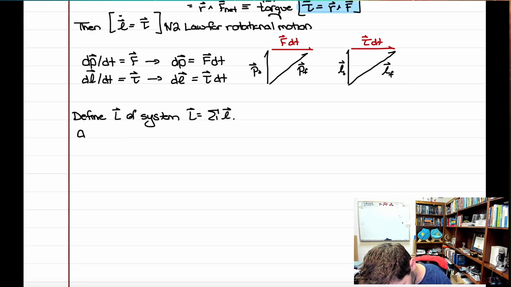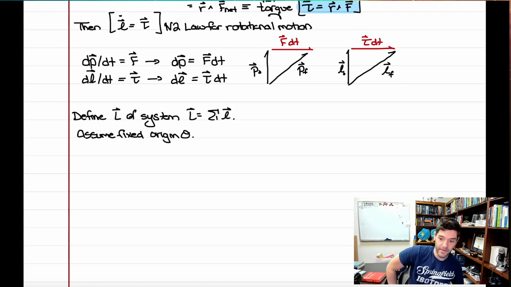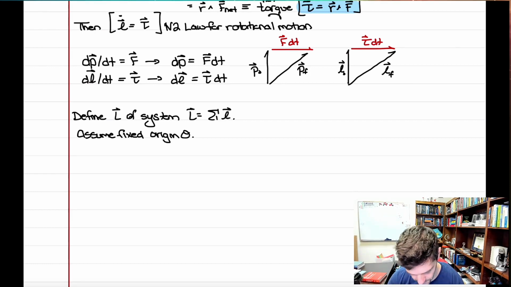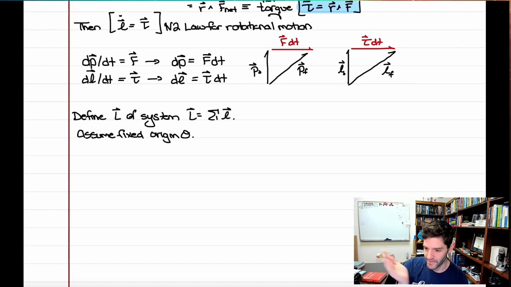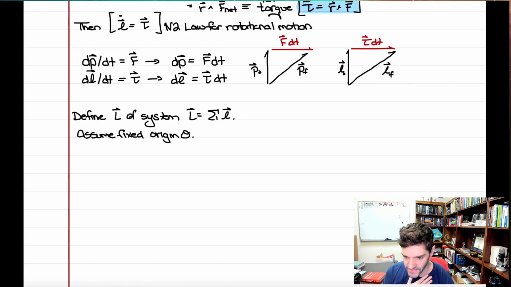But it's a little bit subtler. So again, let's assume a fixed origin. We're measuring angular momentum from some origin. Let's assume it's a fixed origin. That's one kind of condition that it has to hold. And I won't prove it, but I'll say how this generalizes at the end.